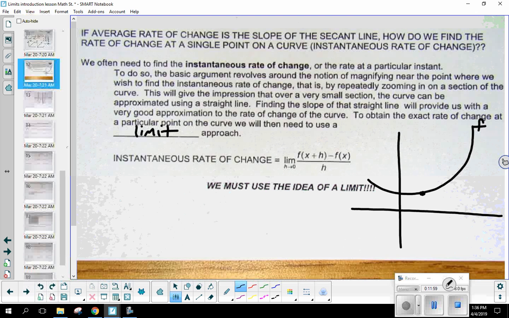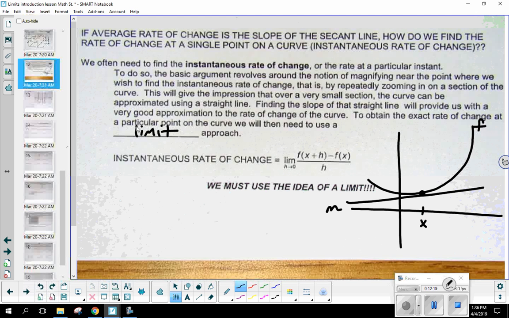So if I were to choose this point here, some value of x, if I place a tangent line there, the slope of that tangent line, that's what a derivative is going to find you. It's going to find you the slope at that one particular point in time. That's why they're referring to it as instantaneous rate of change.